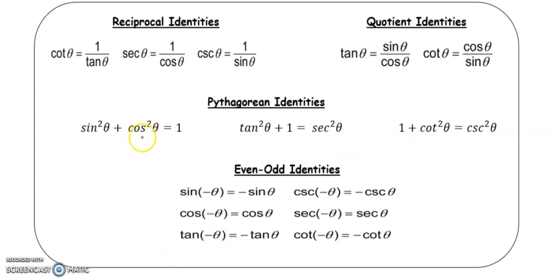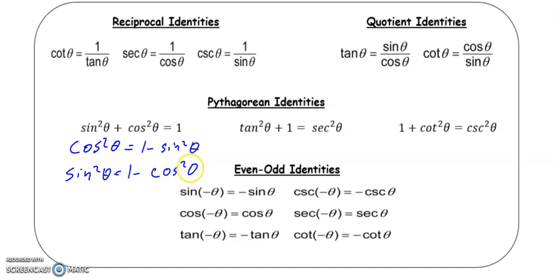Another way of expressing these, instead of saying sine squared theta plus cosine squared theta equals 1, a lot of times we're going to say cosine squared theta equals 1 minus sine squared theta, or sine squared theta equals 1 minus cosine squared theta. We're going to use a little algebra and we can move stuff around.